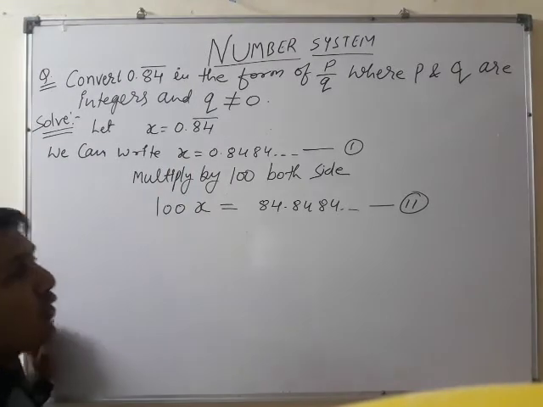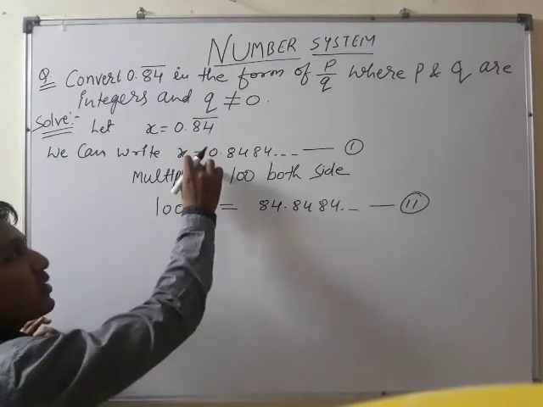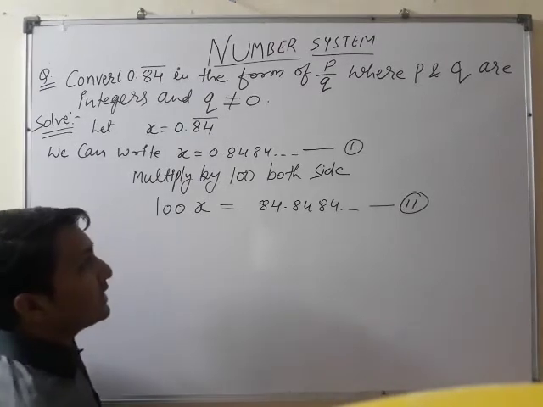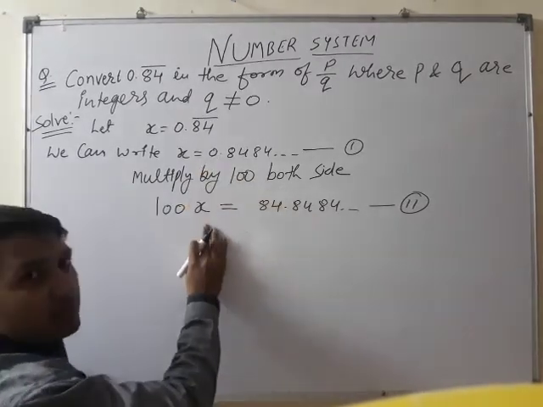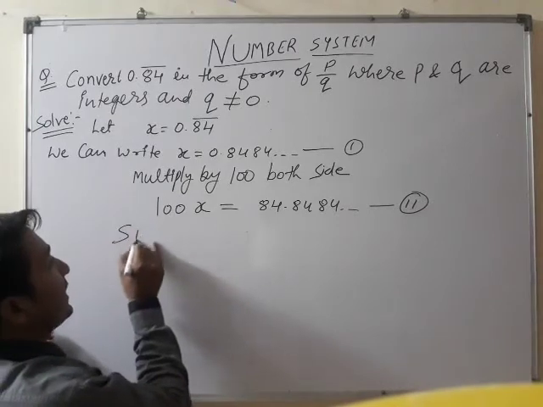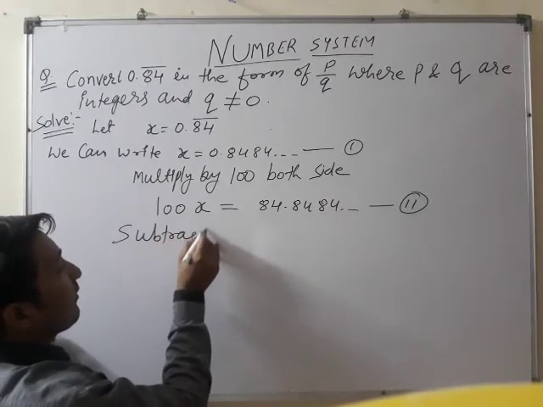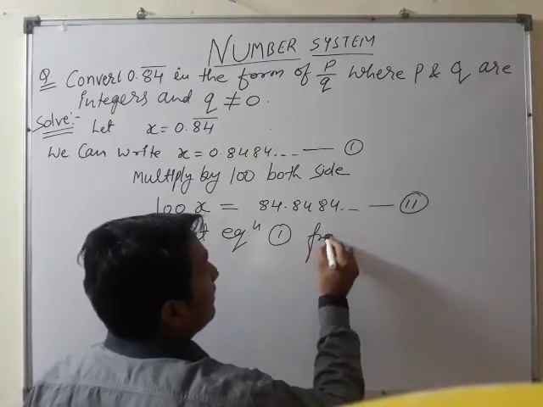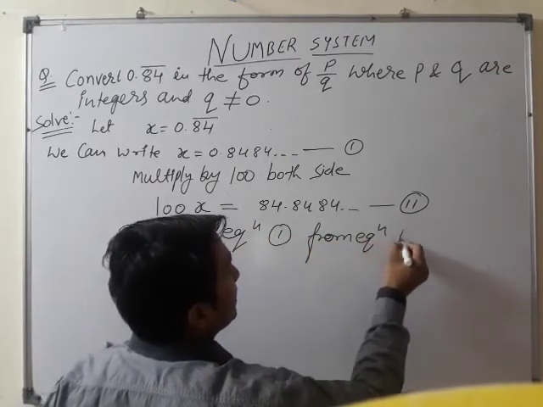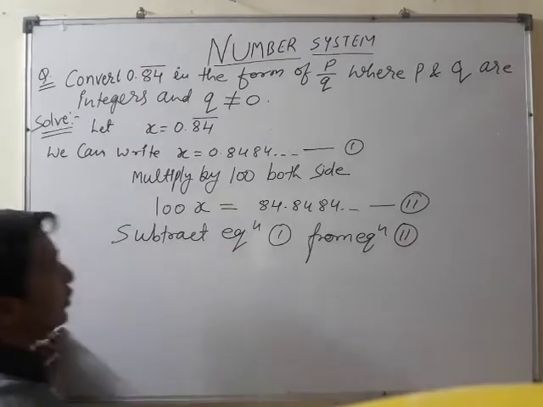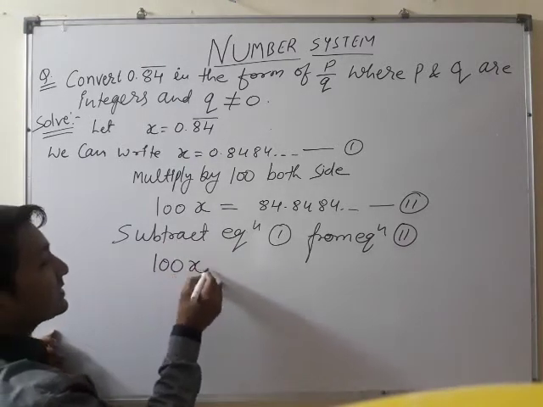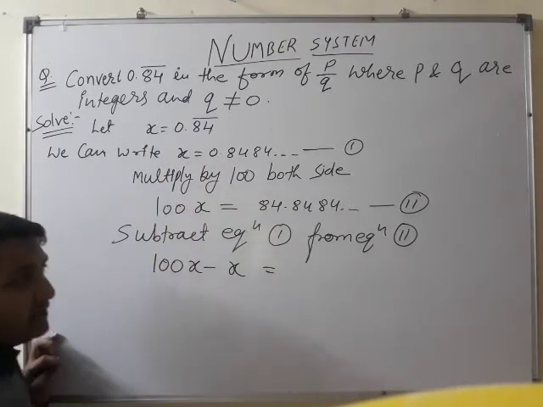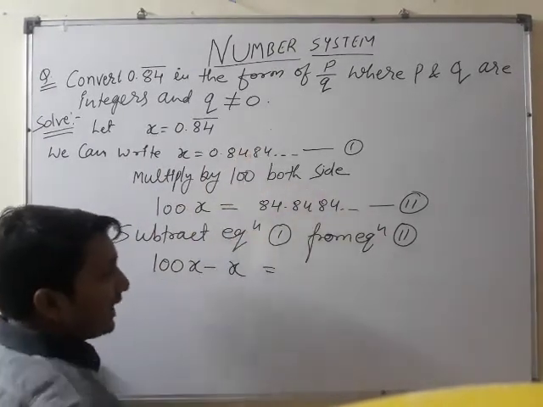Now what will we do? We will subtract equation number 1 from equation number 2. So this side 100x minus x, the left-hand side will be subtracted from the left-hand side and the right-hand side from the right-hand side only.